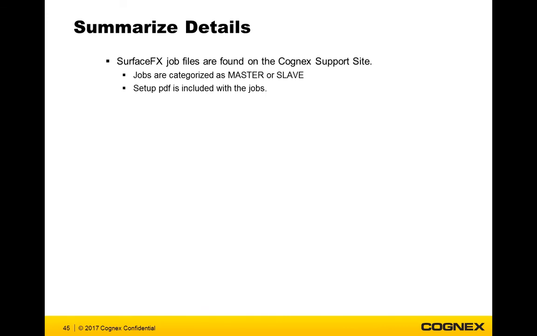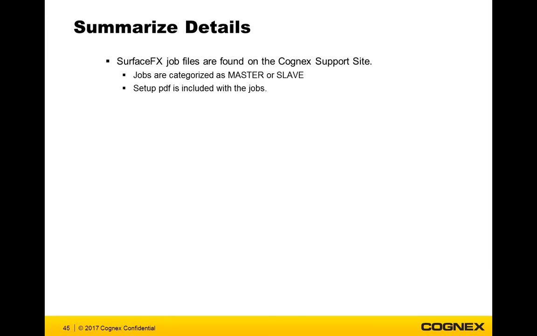As I mentioned before, the SurfaceFX job files are found on the Cognex support site. Now I've categorized them as master, self-trigger, or slave, where your external controller will trigger Insight. And inside each master and slave category, for example, if you set up the built-in, I put a PDF in there as well to instruct you how to set this up with some external things.